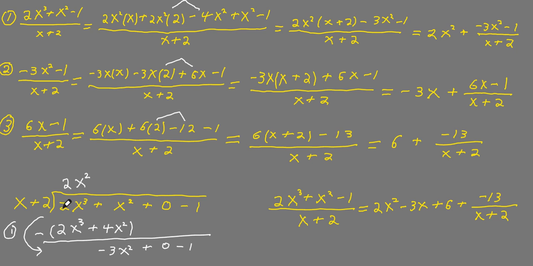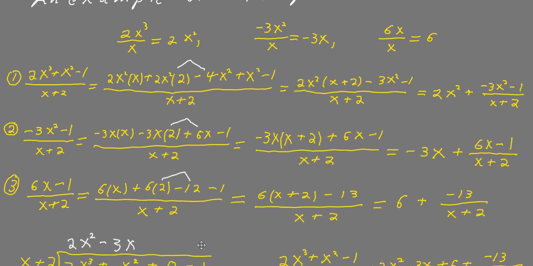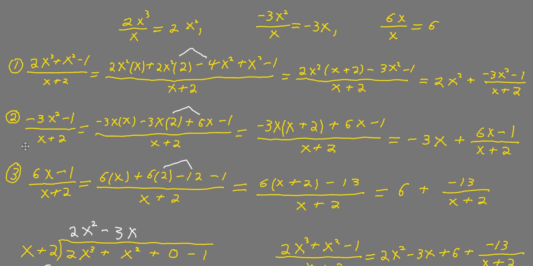And then the next step is to repeat the process and divide this x into this minus 3x squared, and that'll give you minus 3x. And that corresponds to dividing this term by this term over here and getting the minus 3x as the multiplier, which after some algebra becomes the next term in the quotient.